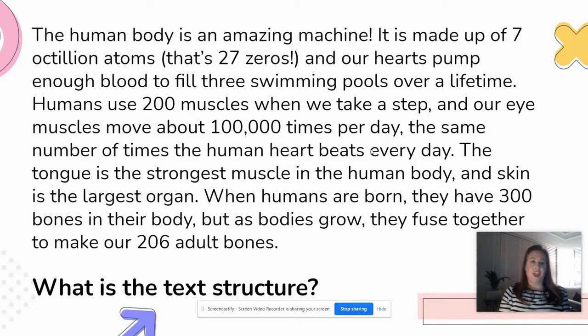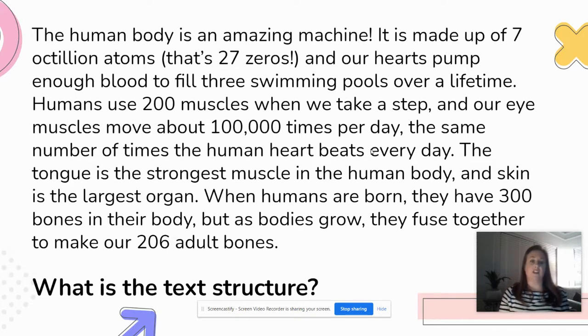Okay, the human body is an amazing machine. It is made up of 7 octillion atoms. That is 27 zeros. And our heart pumps enough blood to fill 3 swimming pools over a lifetime. Humans use 200 muscles when we take a step, and our eye muscles move about 100,000 times per day, the same number of times the human heart beats every day.